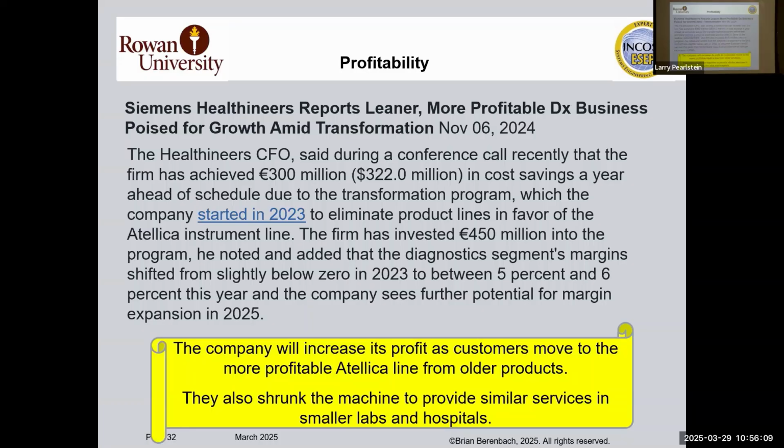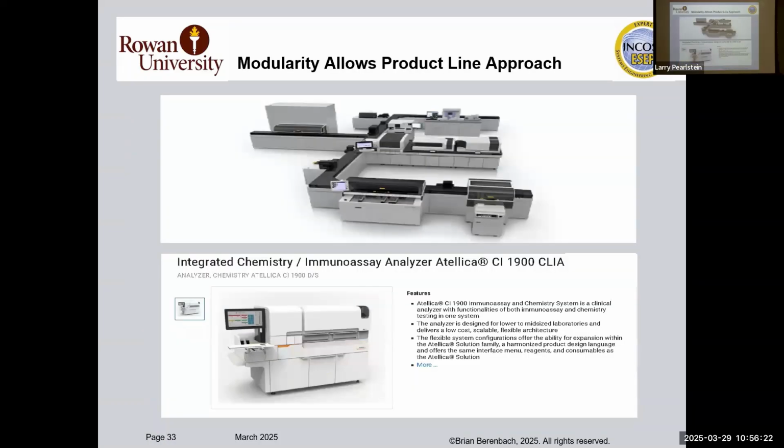But it's still profitable, not as much as they'd like, because the old facilities are still out there. The old analyzers are still out there making money. And remember I talked about modularity, how like a model train, you can plug sections together.